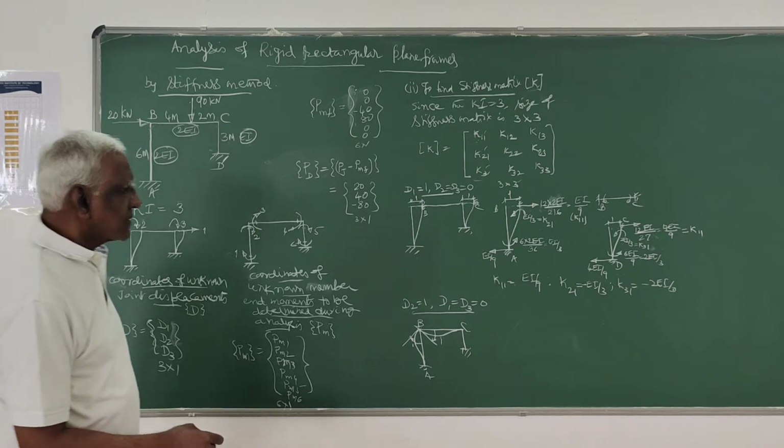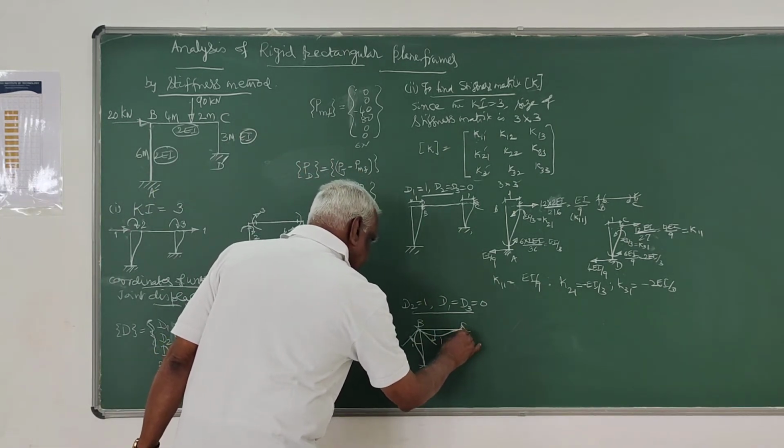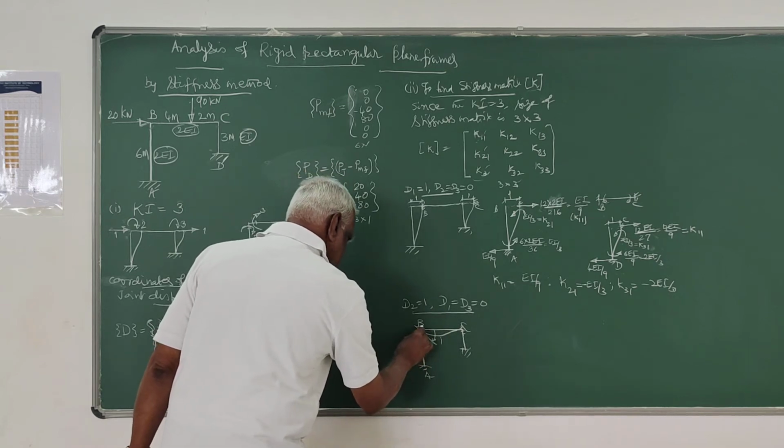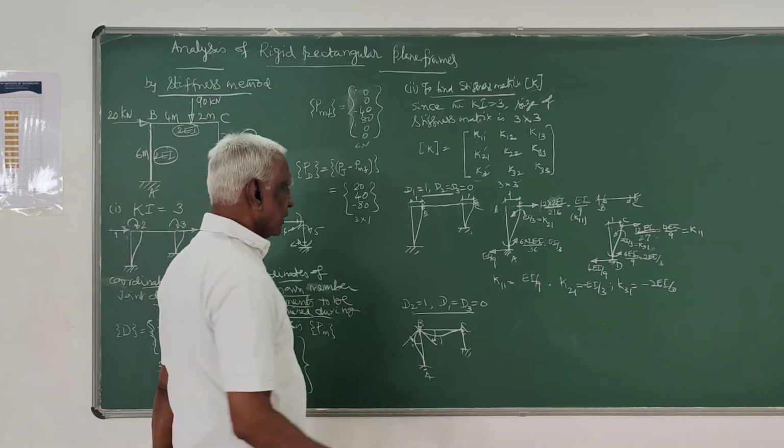Similar to beam problems. So the members affected are, and of course the joint C has keep it, here this also has keep it. So this is that particular thing.